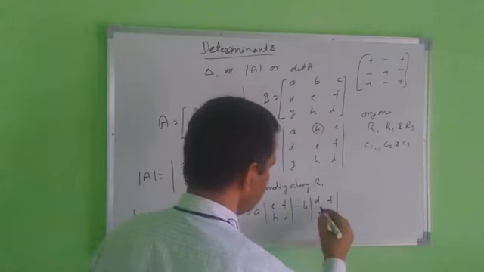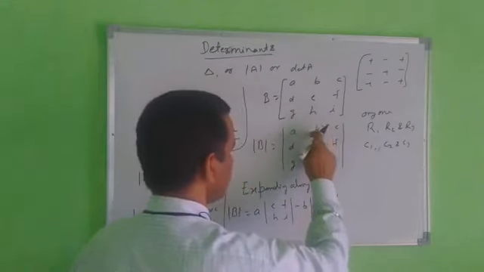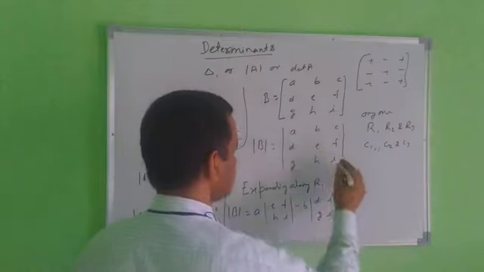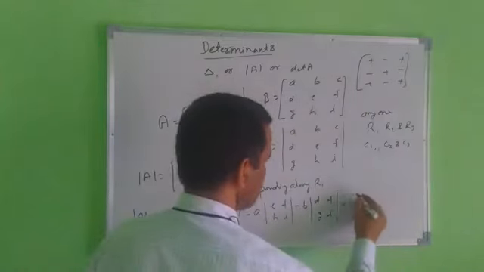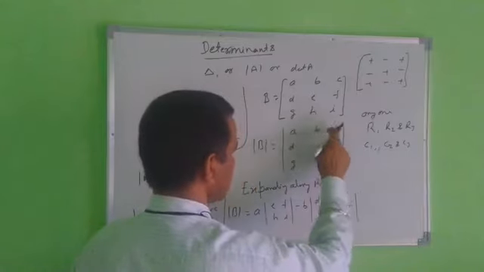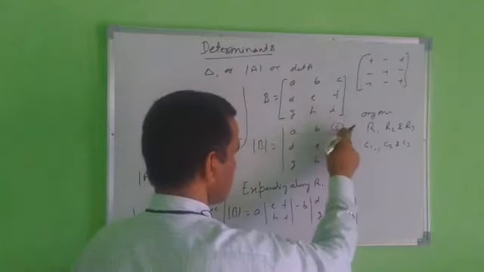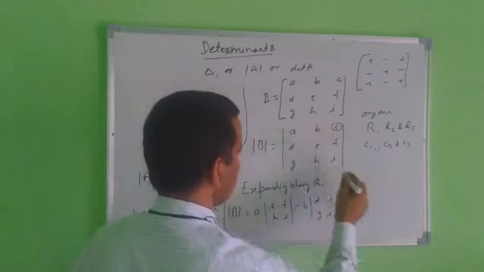After that, when you expand along C, the sign is plus, so you write plus C, and the first row and third column are hidden. Then what is left here?